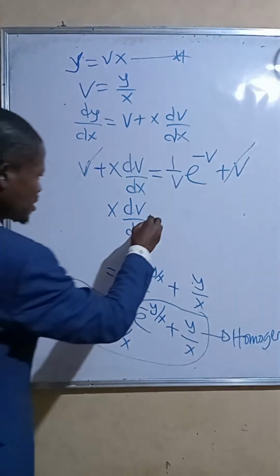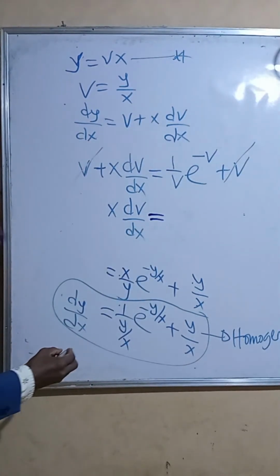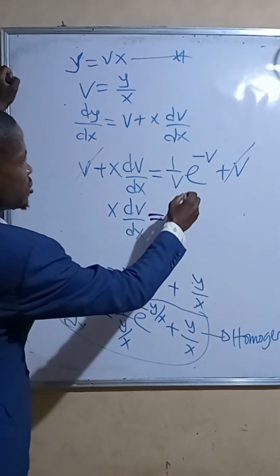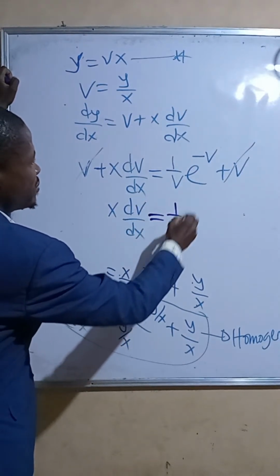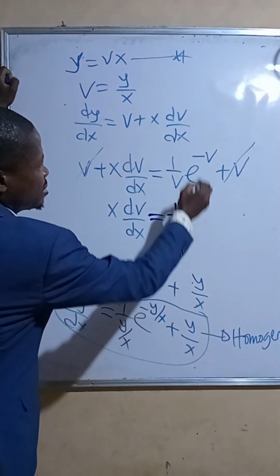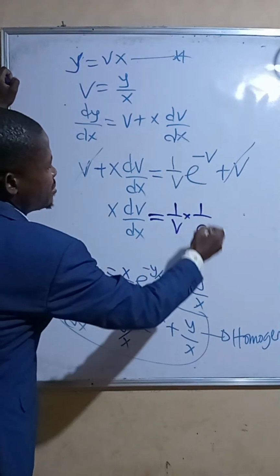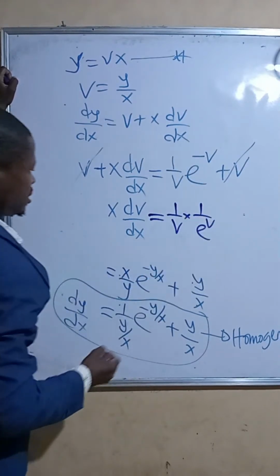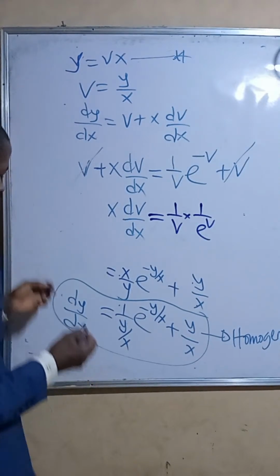Okay, so we have this. This one will be equal to what? Let's do the algebra of this one. This will be times 1 over e^v. That's what we have.